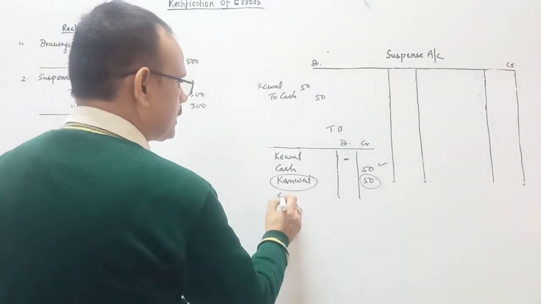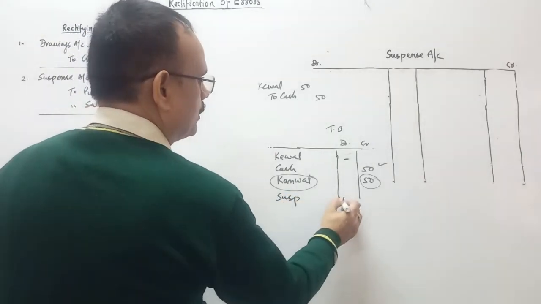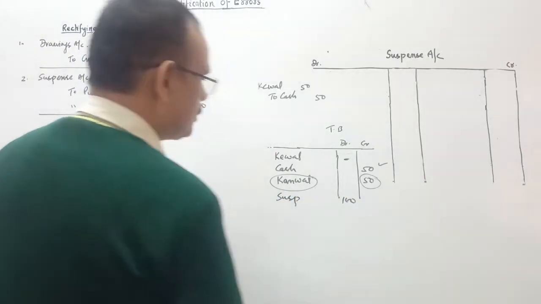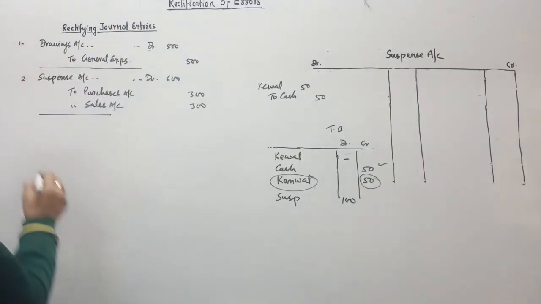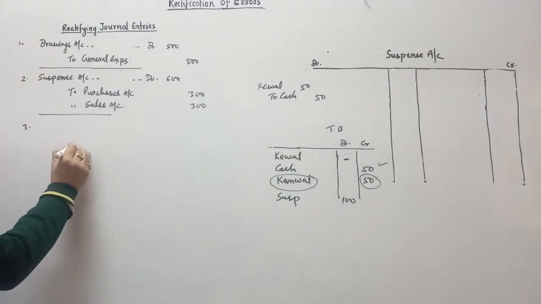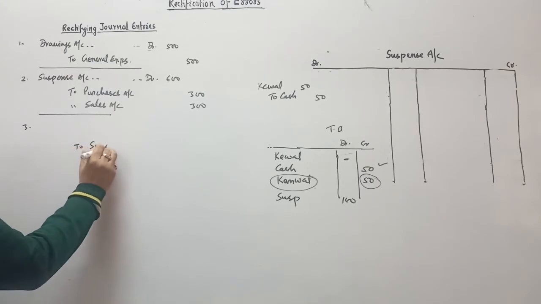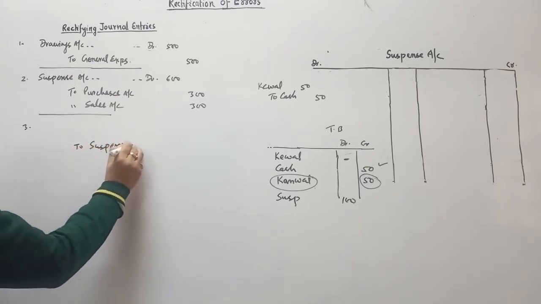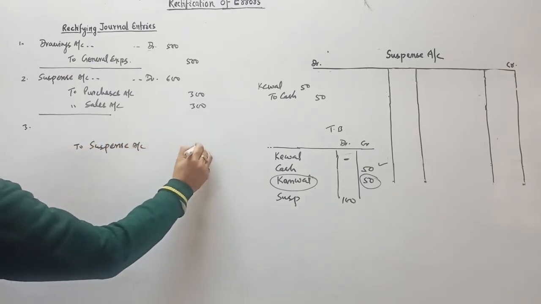So suspense account will be 100. Suspense account opens with 100. So entry will be, suspense will be credited. First step is to cancel the suspense.